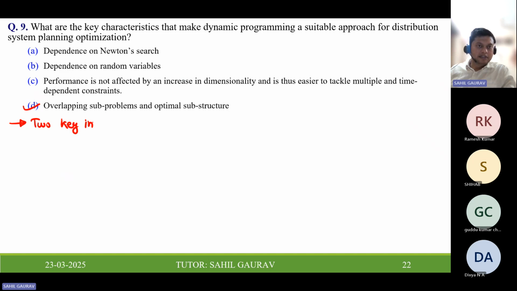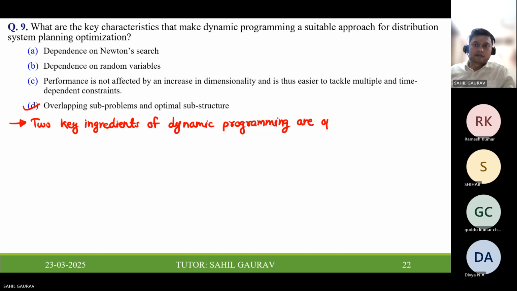Two key ingredients of dynamic programming are optimal substructure and overlapping subproblems.